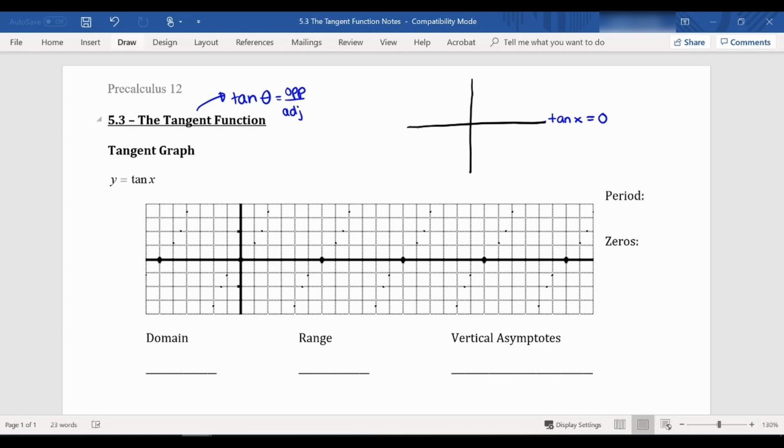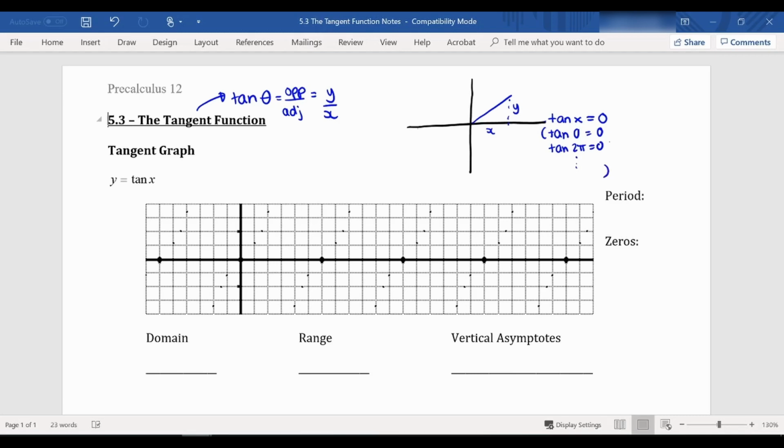Or if I were to draw myself a triangle, my opposite would be y, my adjacent would be x, so tangent is also y over x. And on the positive x-axis, you would have an x value, but your y value would be 0. You get 0 over x, which gives us 0. So this could be tangent of 0 is 0. This could be tangent of 2 pi is 0, etc.